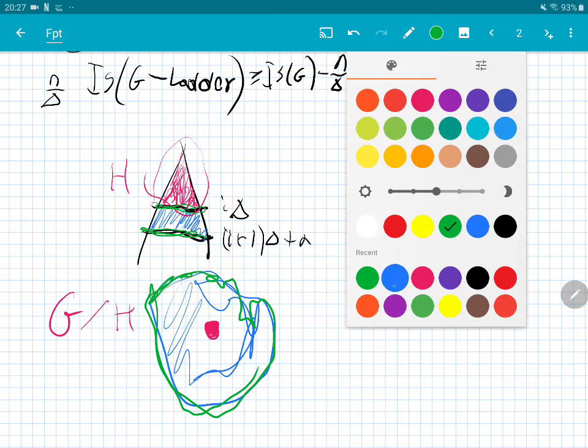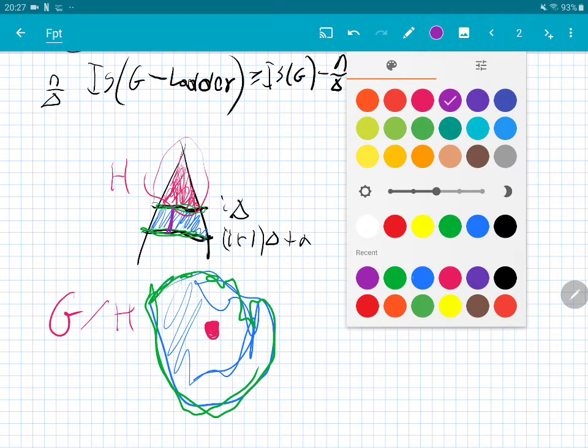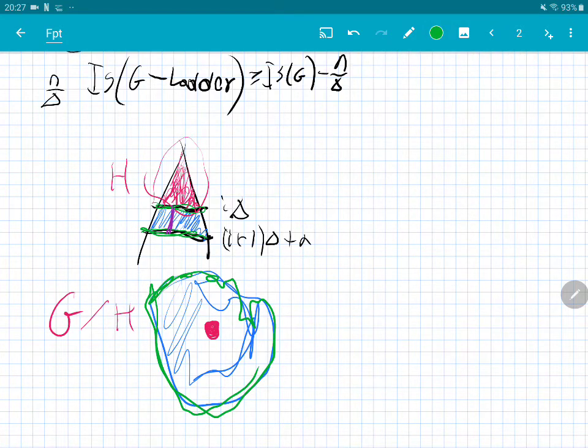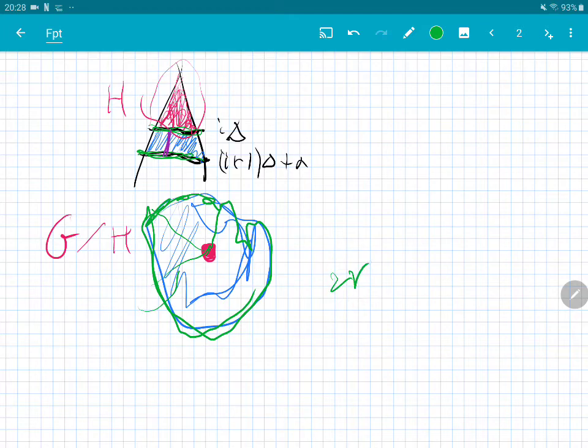But the important thing to remember is that this was distance delta in the layers of the BFS, which means that in this new planar graph that we are looking at, the distance from the red vertex to any vertex in this graph is at most r. In particular, the diameter of this graph is at most 2r, because you can go from any vertex back to the red root.